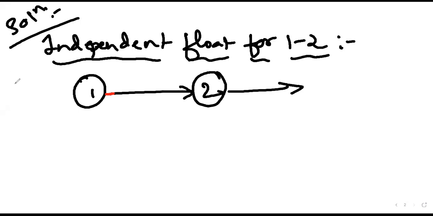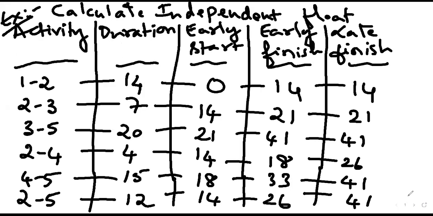For this problem, we have already calculated the independent floats. Yes, for this problem, it is done. In that case, we have to have some other problem for which we have not calculated independent float, because one practice problem is already done in this particular topic. So this independent float calculation is already done, is it right?